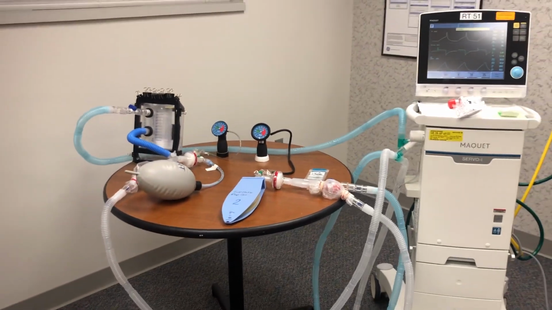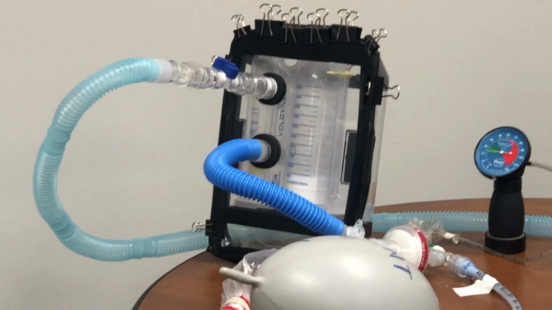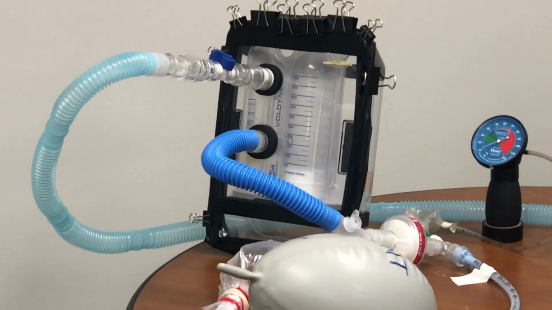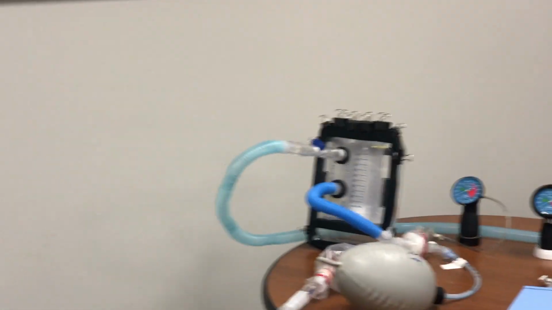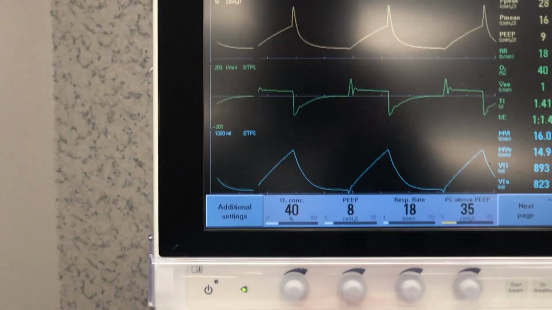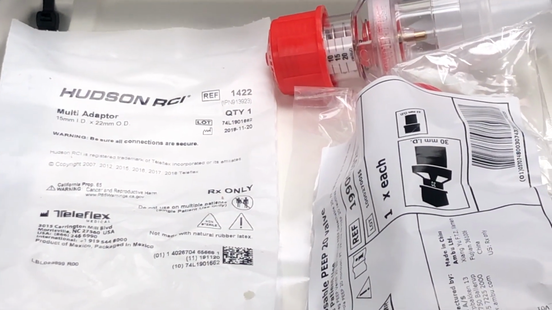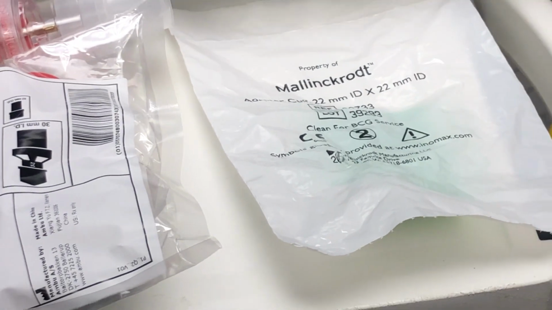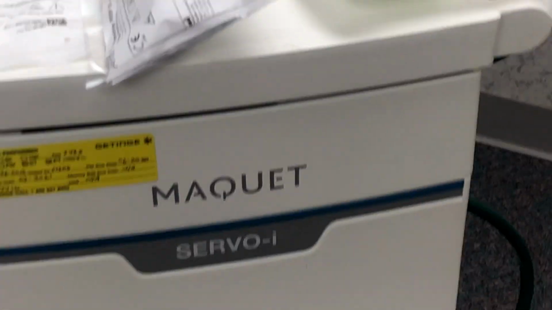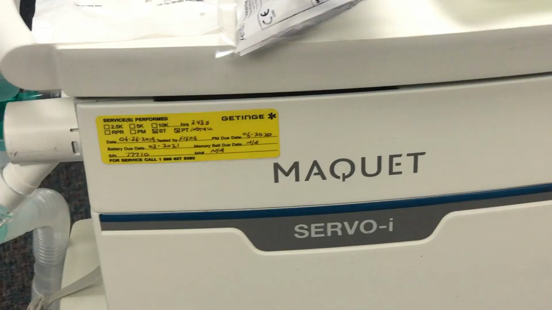Now on the other patient, if you see, the inspiratory limb goes to a modified incentive spirometer, and again the valve is in place here, again the blue valve, and these adapters, basically if you see, these are the 2 adapters here. One is the multi-adapter 15 into 22 millimeter, and the other one is 22 into 22 millimeter, and these adapters are readily available and part of the hospital setup of ventilator.